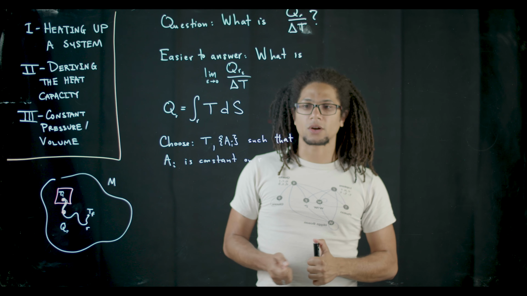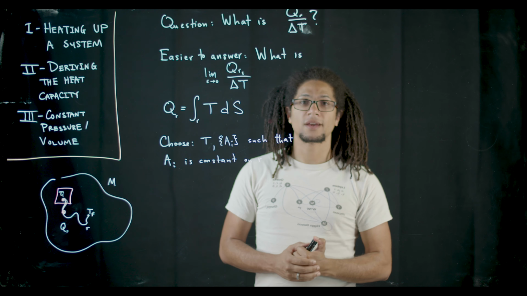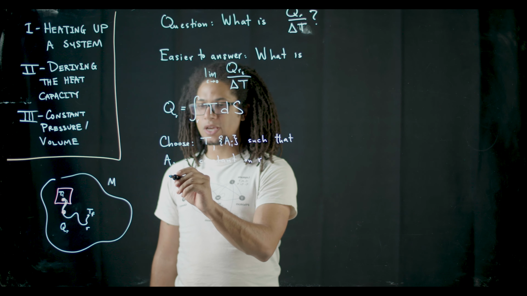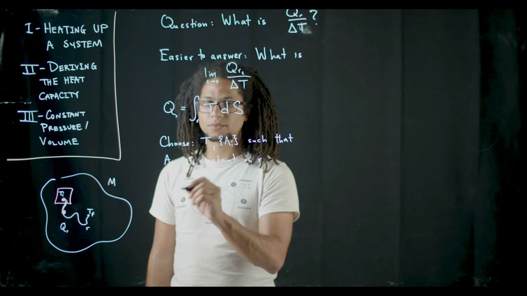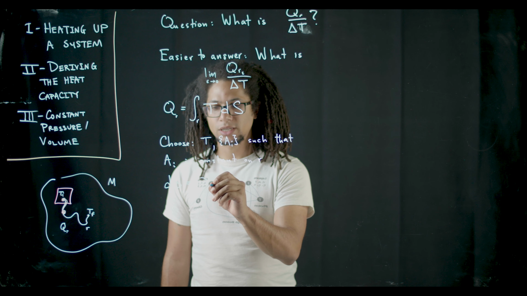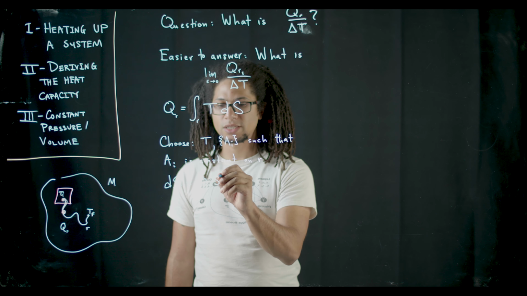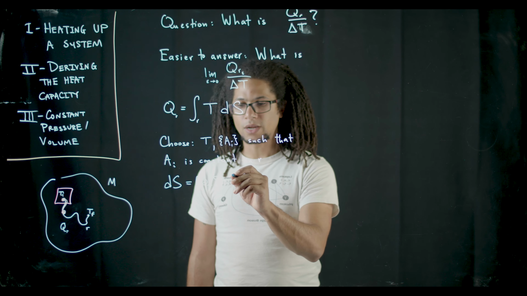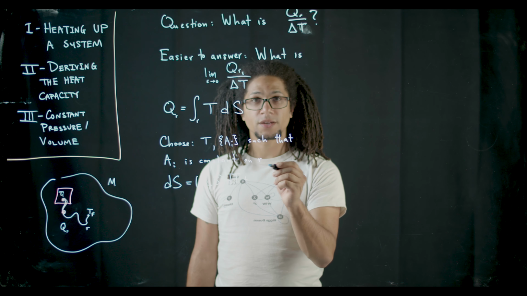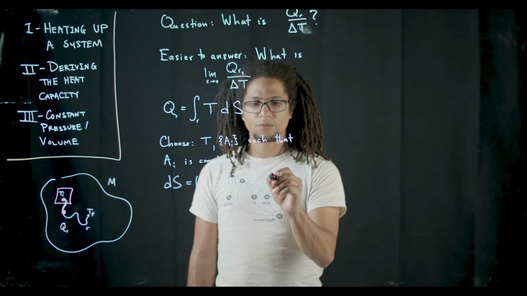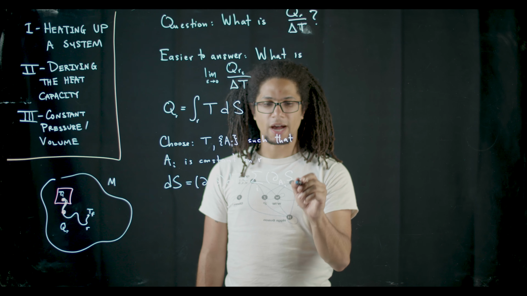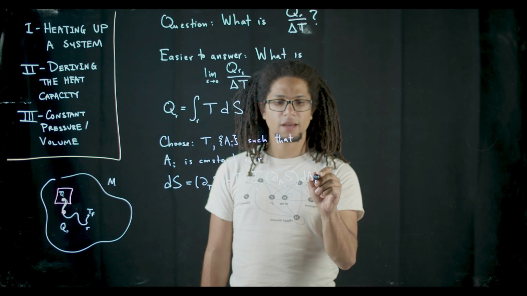All of these a_i are going to be constant on this path, and that's going to help us out, as we'll see, enormously. Now let's re-express ds. So, as we've already learned, ds is going to be the partial of s with respect to t times dt plus the sum over i of the partial of s with respect to a_i times da_i.